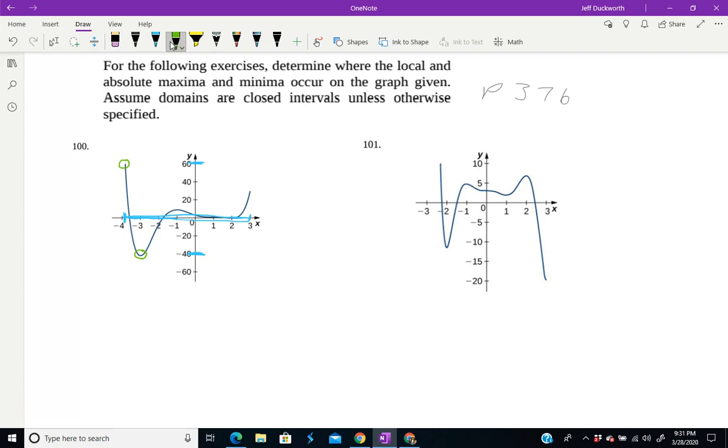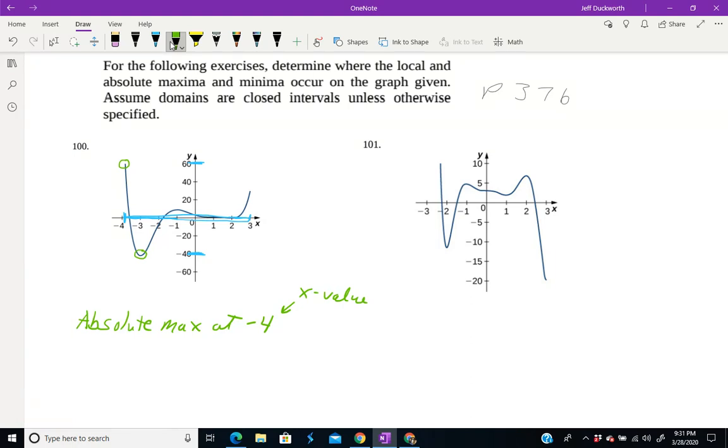All right, so we have an absolute max at, we'll call it -4. I don't know if it's -4 or not. We're going to call it -4. Remember, this is the x value. Okay, we see the y value is 60, but the x value is where our absolute max is.